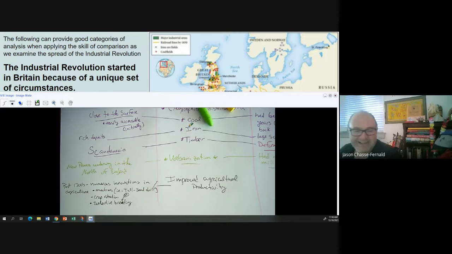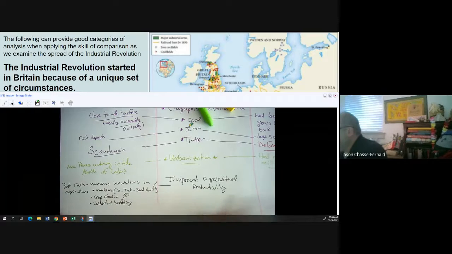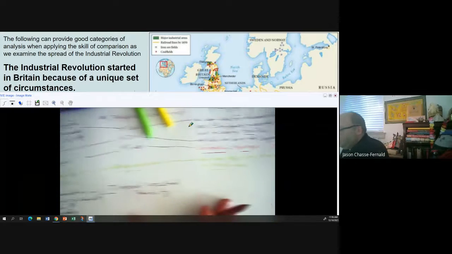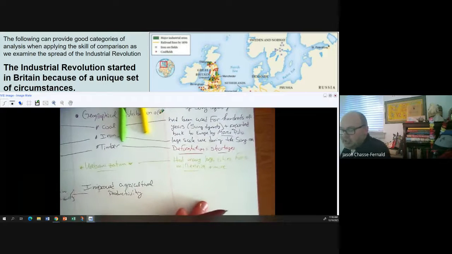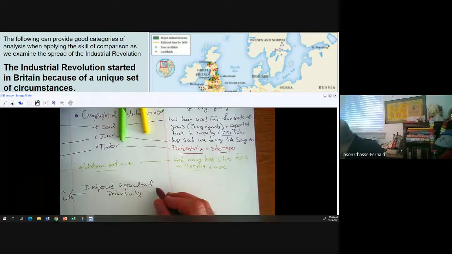So there's all kinds of massive innovations that are taking place in England here, right? And what are we seeing in China at this time?